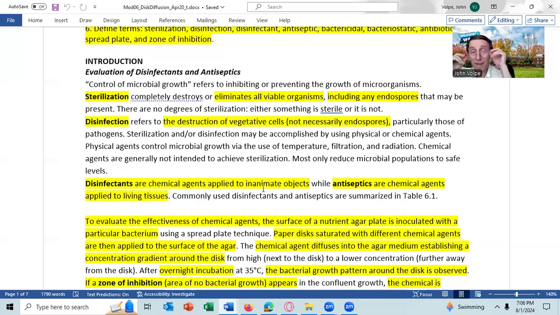But, for example, you could use the same chemical on an inanimate object, like using bleach on a toilet. The bleach is a disinfectant. And then your cat comes home with a torn something that's bleeding, and you want to sterilize it, and you don't have anything to sterilize it with, so you use bleach. You're using the bleach then as an antiseptic. Any question about any of that?